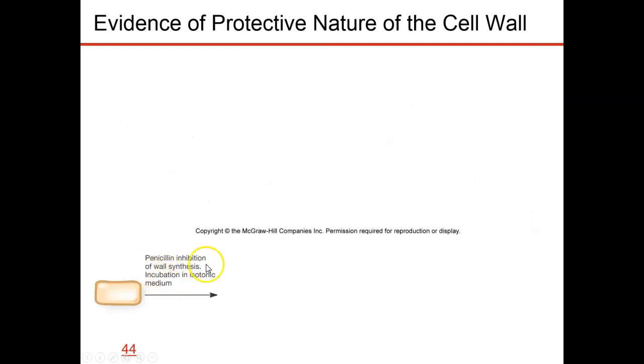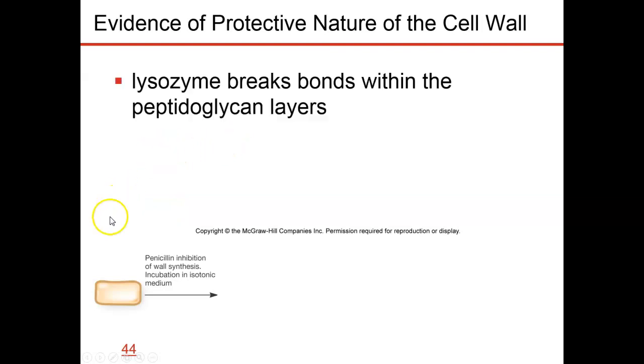And so how does it actually work? This is for both penicillin and lysozyme, okay? So lysozyme breaks bonds within the peptidoglycan layers, and so the peptidoglycan is no longer stable.